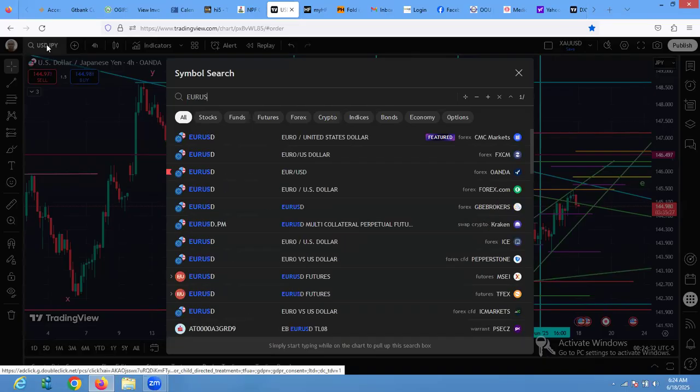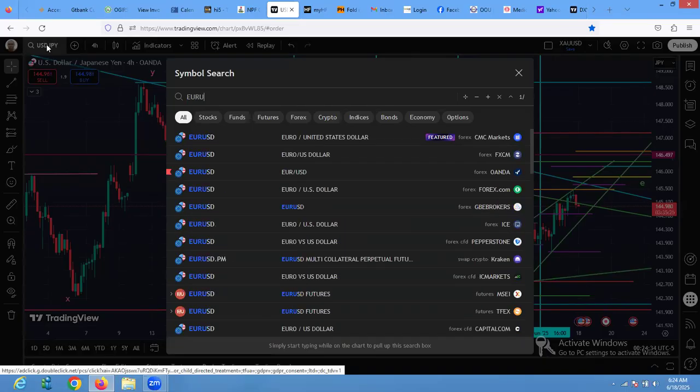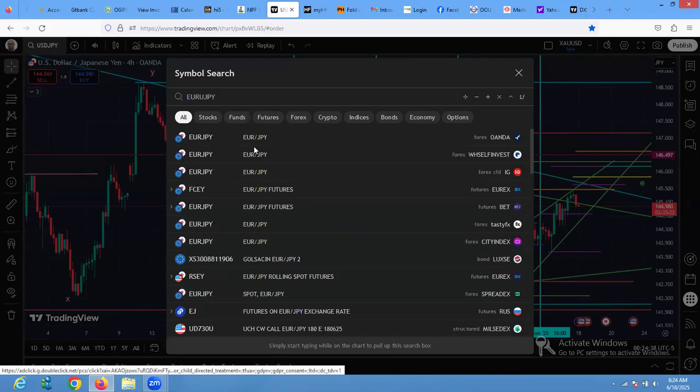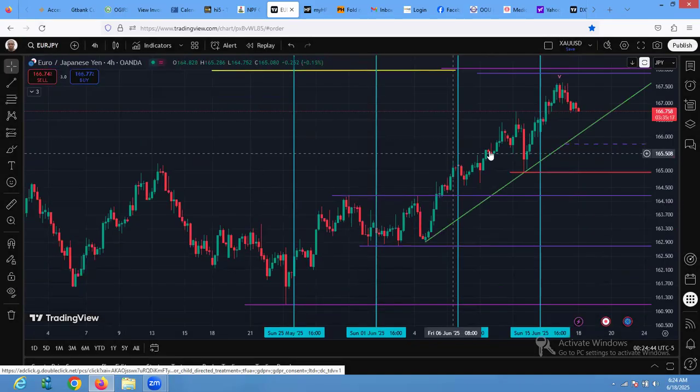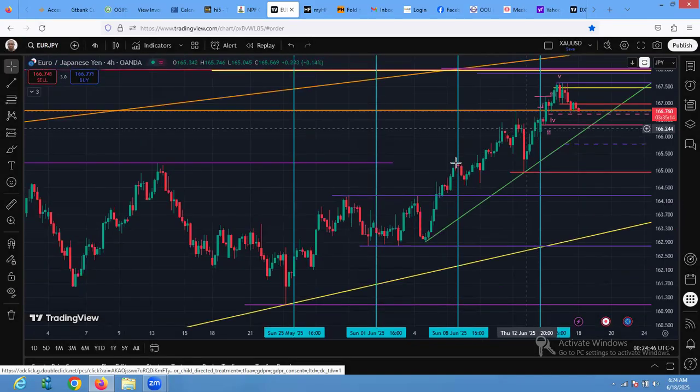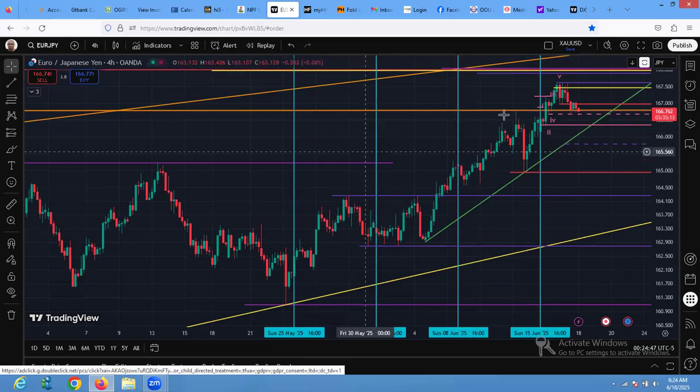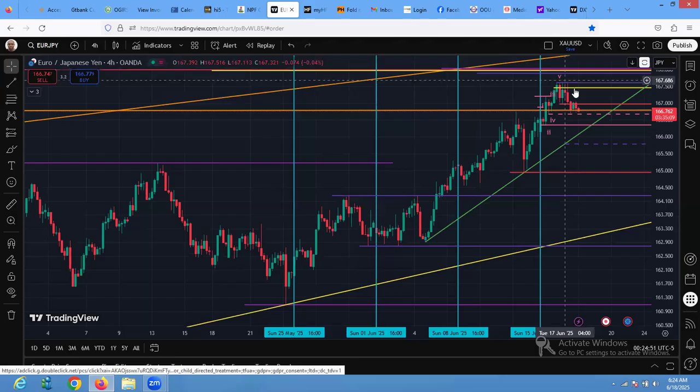Now, on euro yen, now we have euro yen running. With what we are seeing here, price is dragging to the downside. I'd counted like here, between here, that we are to come to the downside. But the way it is sluggishly falling to the downward, we may still go up one more time to break the top.